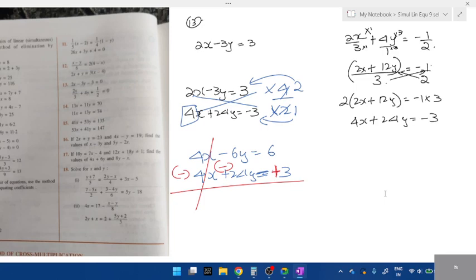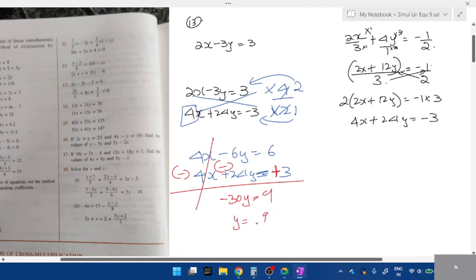Minus and minus become plus. The answer is minus 3 by 10. Substitute in this equation.